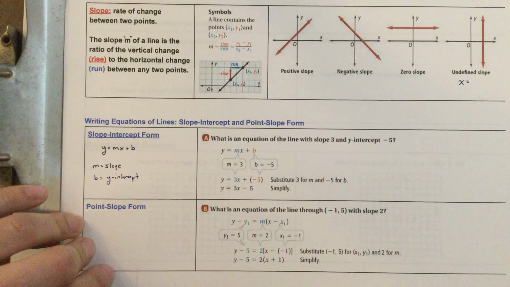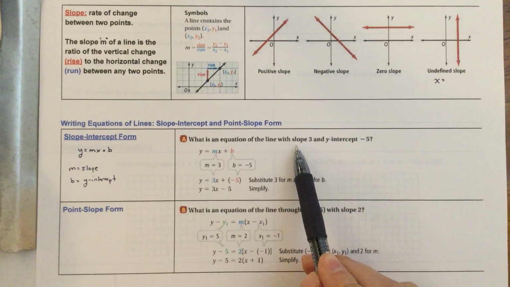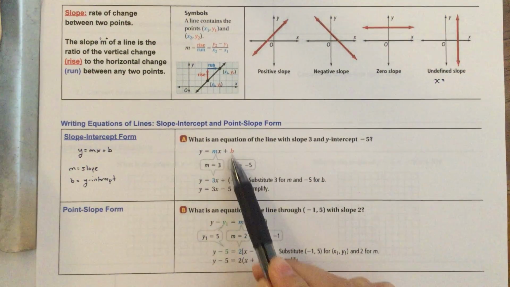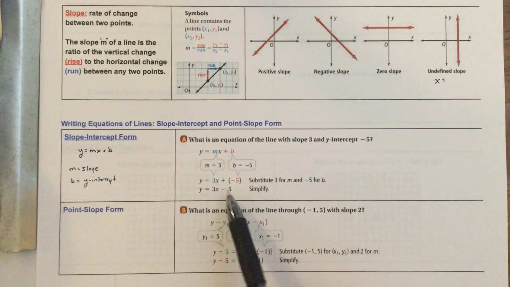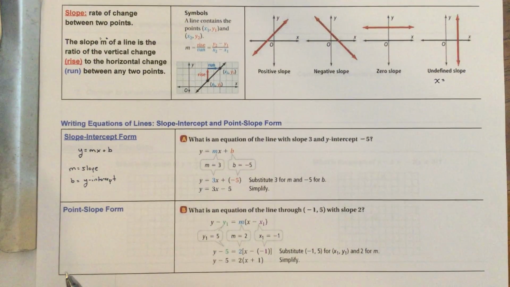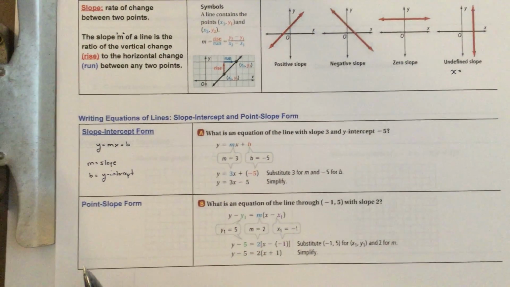Hence, slope-intercept form. So if we're given a problem that says we know the slope is 3 and the y-intercept is -5, we can substitute those into our form, our equation, and have a nice slope-intercept form of an equation. Slope of 3, y-intercept of -5.